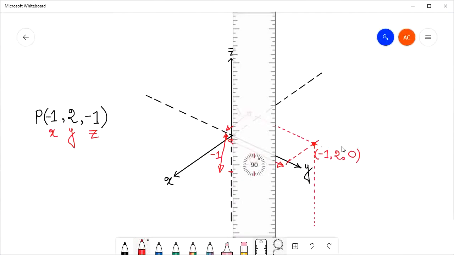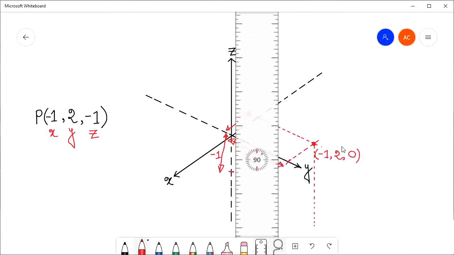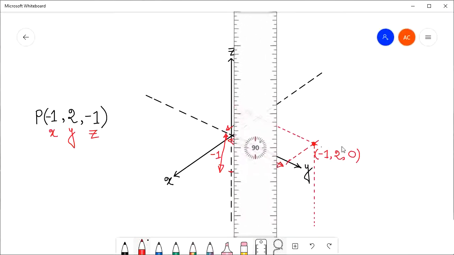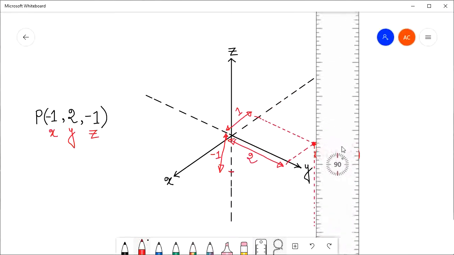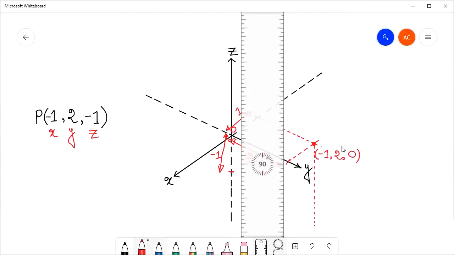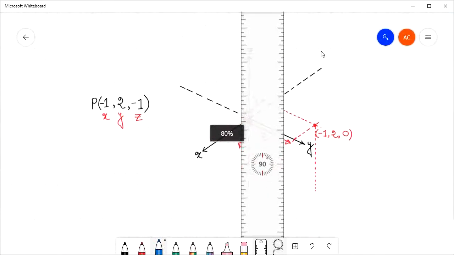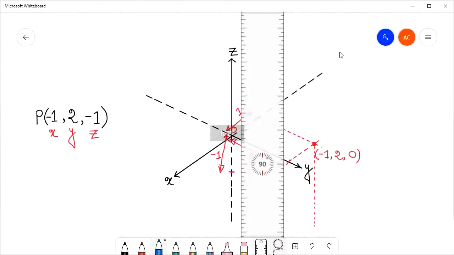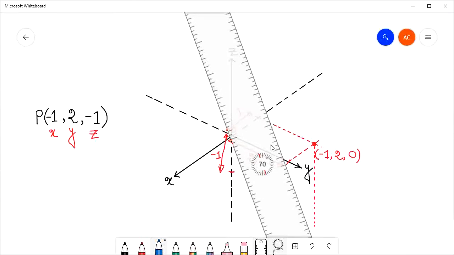Who cannot remember what a projection line is? Just take a very quick view. Projection line is the line which is drawn by joining the projection point with origin. So if we just join our projection point with origin, then we will have our projection line, right?